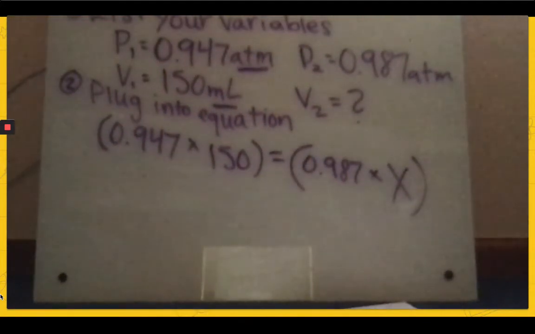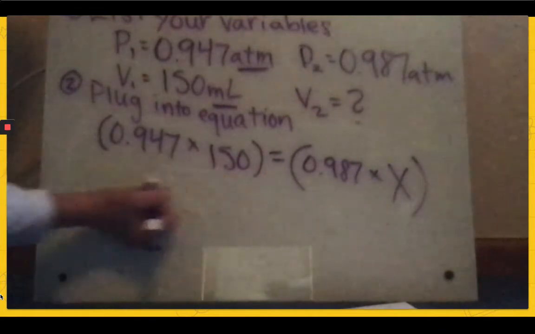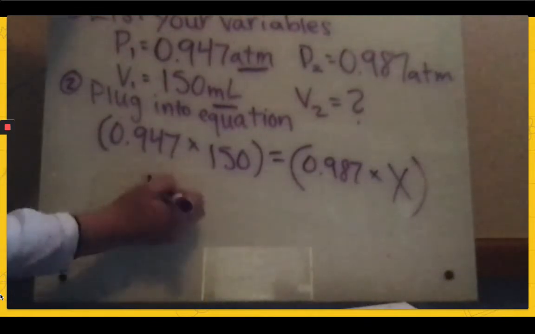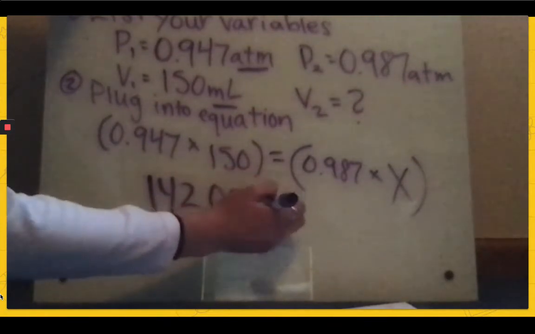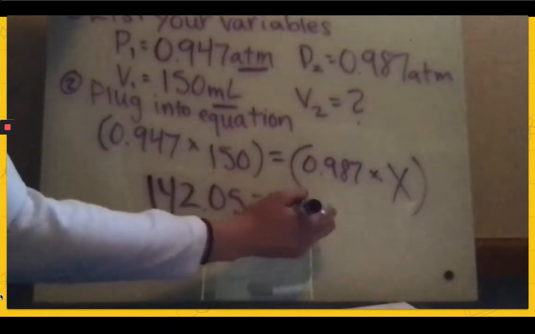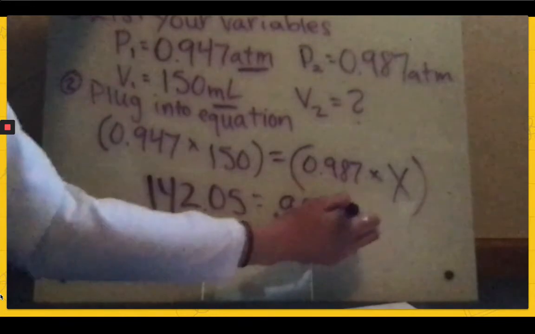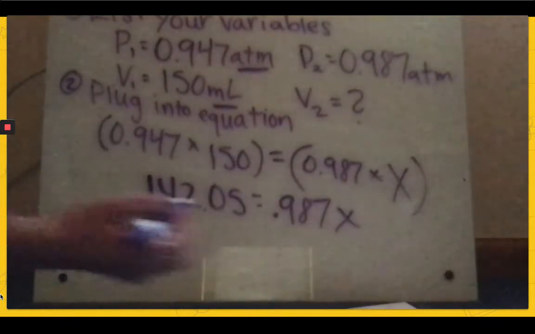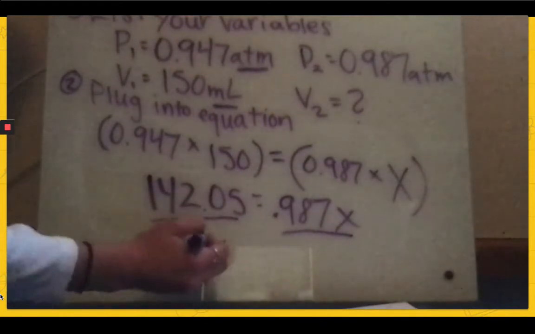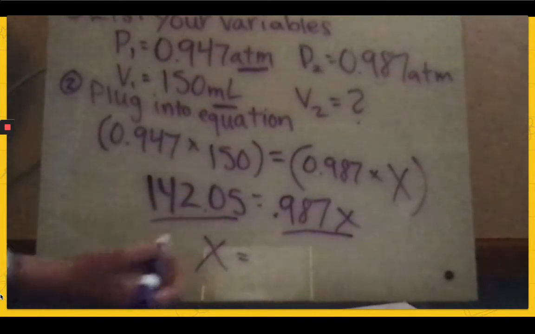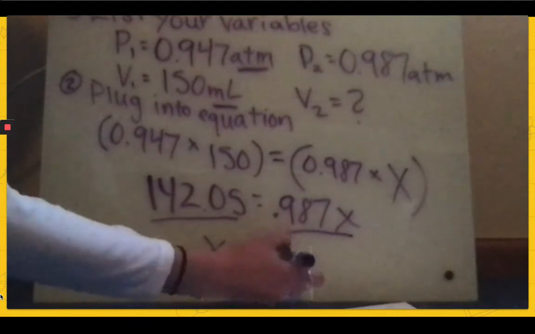So now we just need to solve. We need to multiply these two values, and when we do that, we get 142.05 equals 0.987x. We're going to divide on both sides to get x equals 143.9.